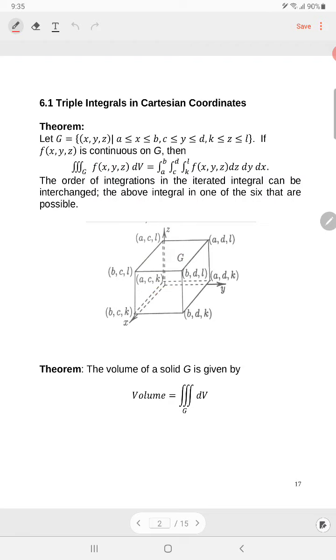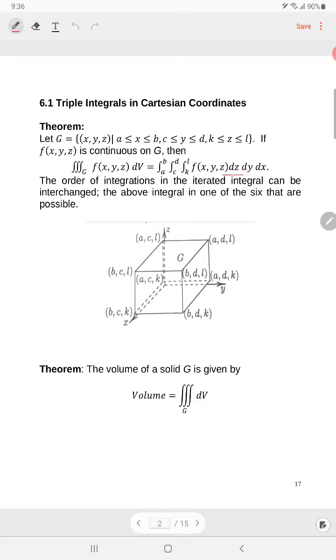Okay, so this is our solid G, and we want to integrate our function f(x, y, z) over this solid G. The iteration of dv here can either be dz, dy, dx, or combination of this. So the order of integrations in the iterated integral can be interchanged. This is one of the iterations. It can be done in other 5 iterations.